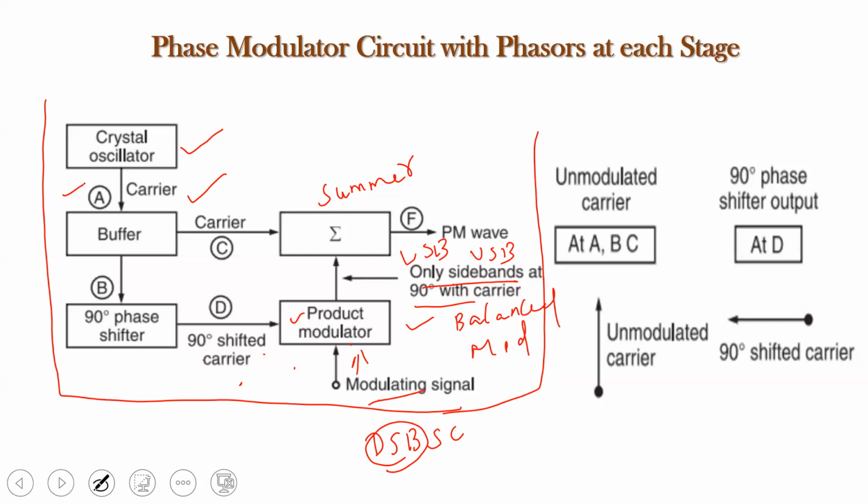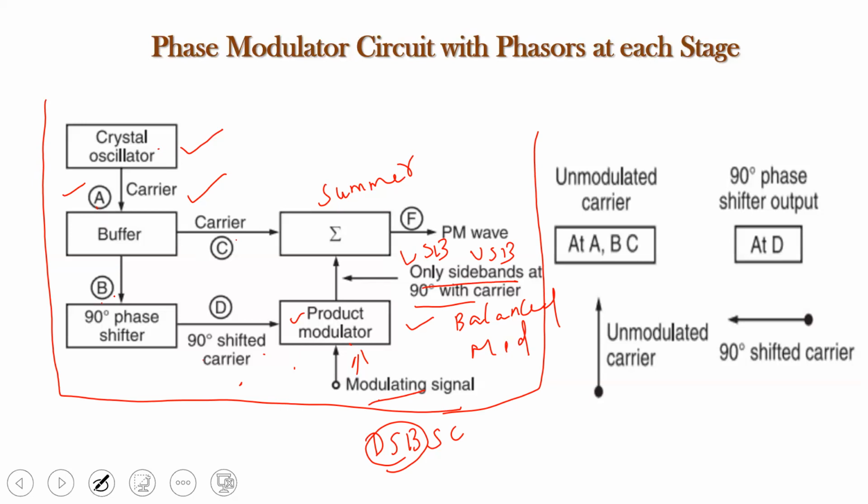Now, if you look into this, A, B, and C are all nothing but the carrier signal without any phase shift. That is, the carrier which is generated by the crystal oscillator is coming at this point A. The same carrier through the buffer is reaching this point B. Likewise, the same carrier through this buffer is also given to this summer.